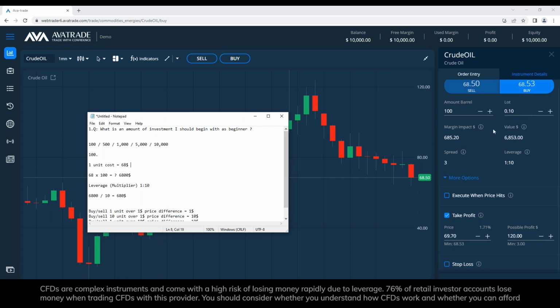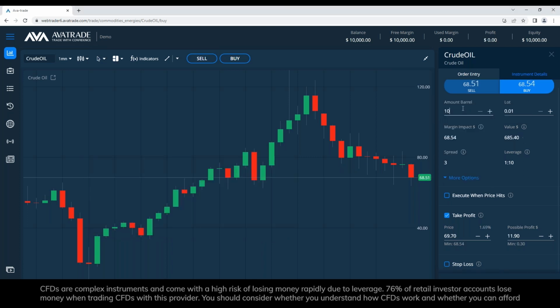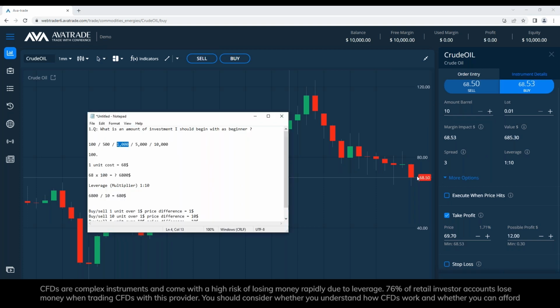So if I have 1,000 to be able to take this position, and still I reduce it to 10, what happens is my margin usage is considerably lower and my balance is much, much bigger. So it lets me sustain this position for a longer time.